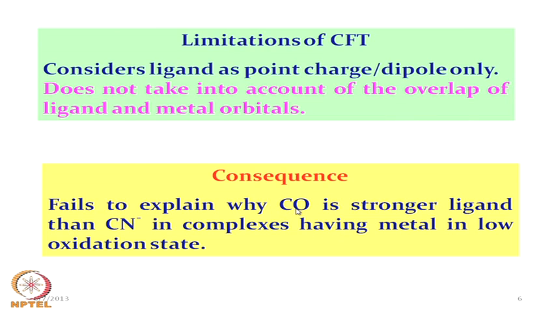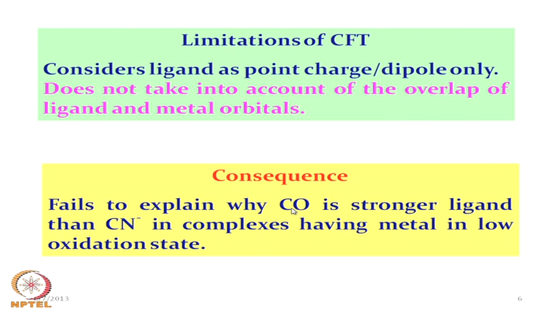When we consider nickel tetracarbonyl, iron pentacarbonyl or chromium hexacarbonyl, in all these cases carbon monoxide behaves as a very strong ligand compared to its CN minus analog, and these complexes have the metal in low oxidation states. In several of these complexes where the oxidation state of the metal is 0 or low, we are unable to explain in terms of crystal field theory why CO, a neutral ligand, is stronger than CN minus.